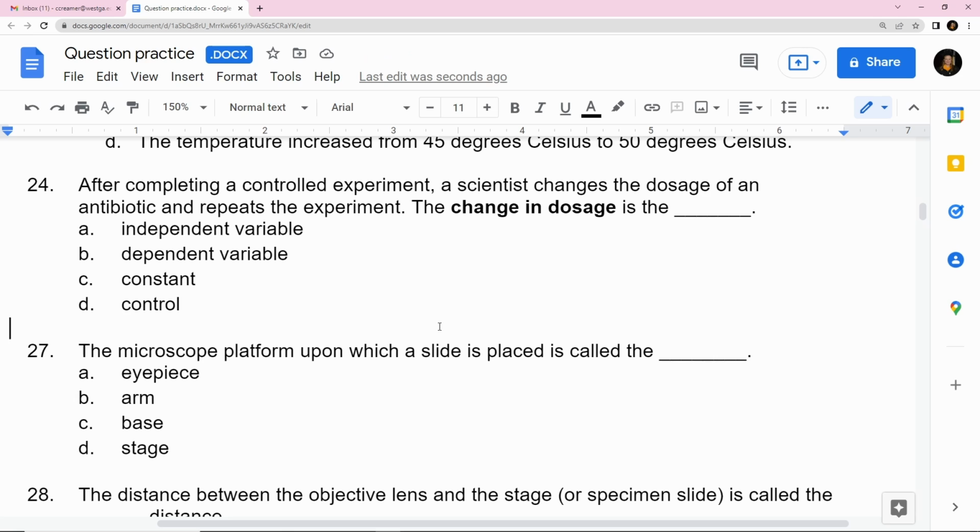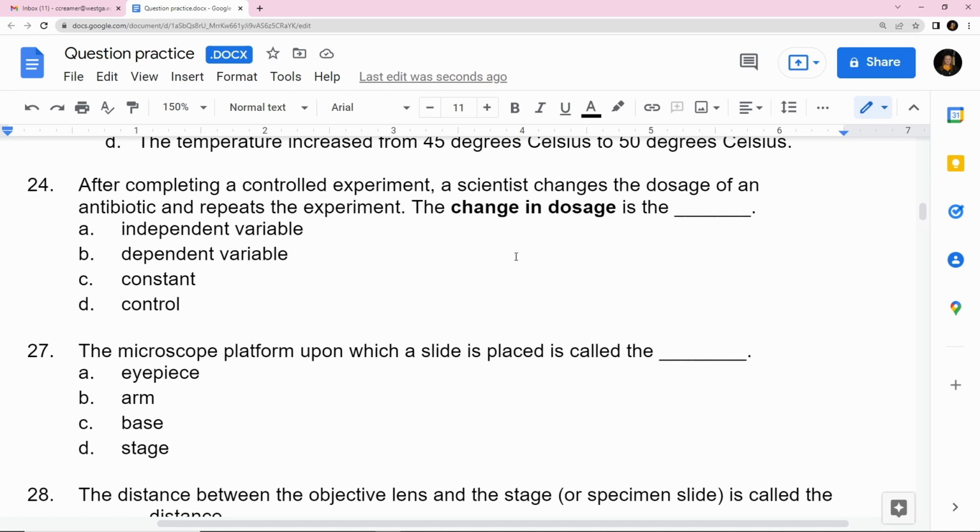Question 24. After completing a controlled experiment, the scientist changes the dosage of an antibiotic and repeats the experiment. The change in dosage is the independent variable, dependent variable, constant, or control.